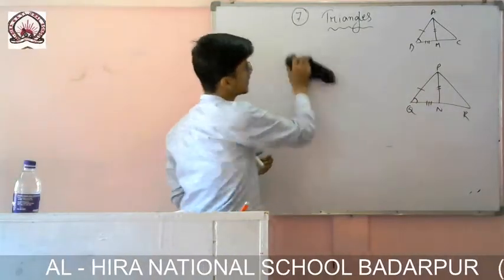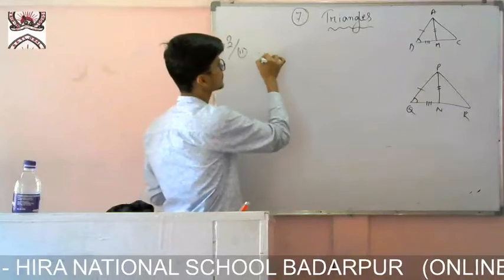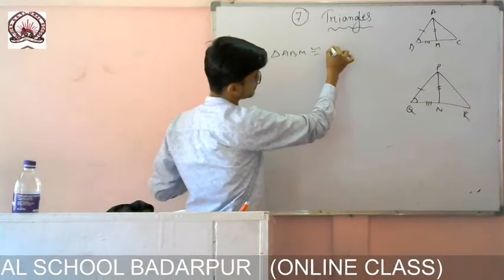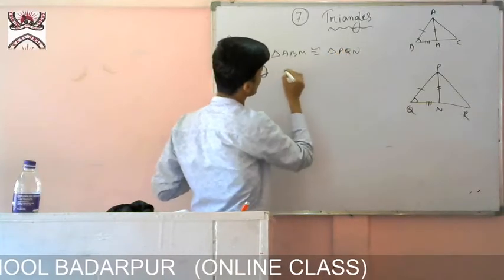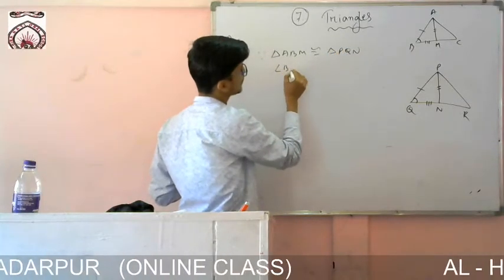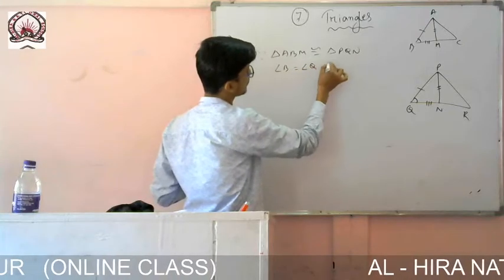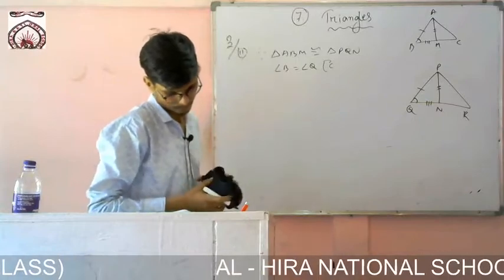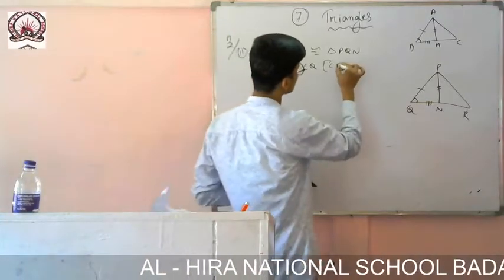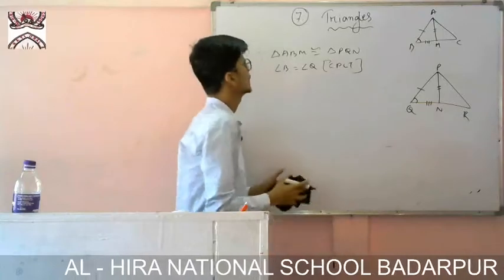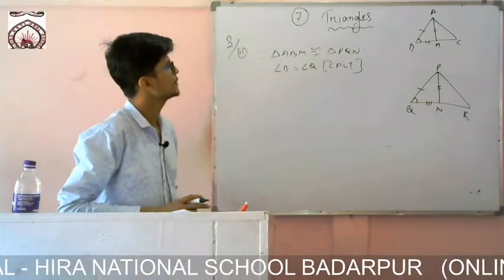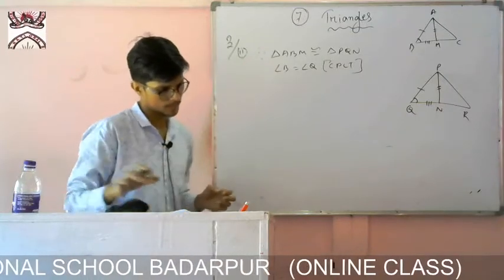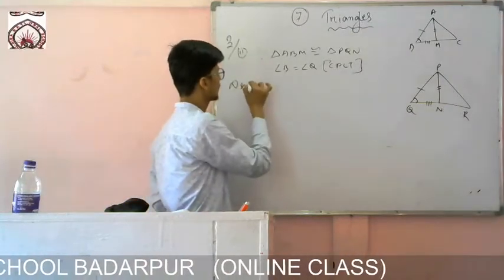Just now we have proved that triangle ABM is congruent to triangle PQN, so I can say that angle B is equal to angle Q, by CPCT.